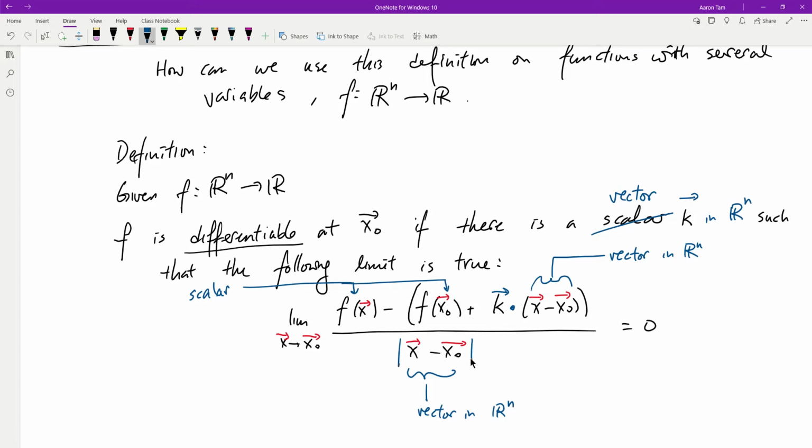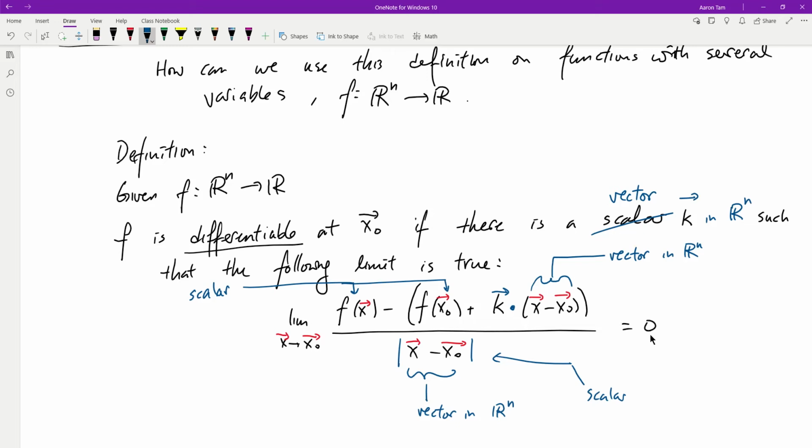And so if that means distance, then I can actually fix that problem by doing this. So now this whole thing becomes a length, which is a scalar. With this being absolute value, this thing becomes a scalar because it's length, and these two things combined become scalar. So now the numerator becomes a scalar minus a scalar plus another scalar, so it's a scalar, over a scalar on the bottom.